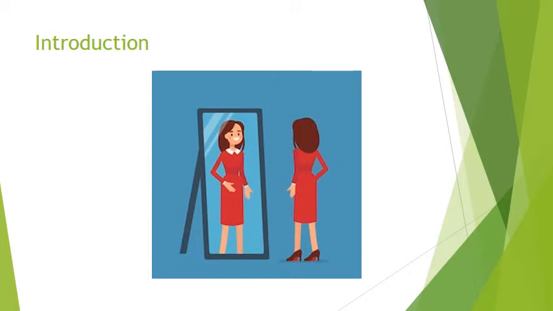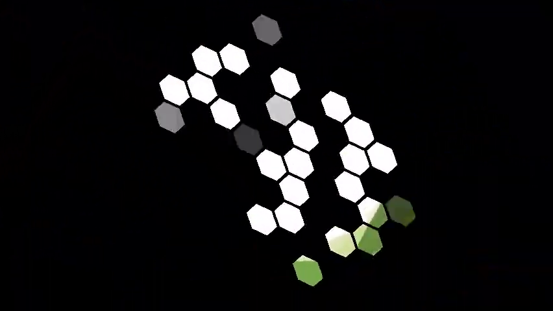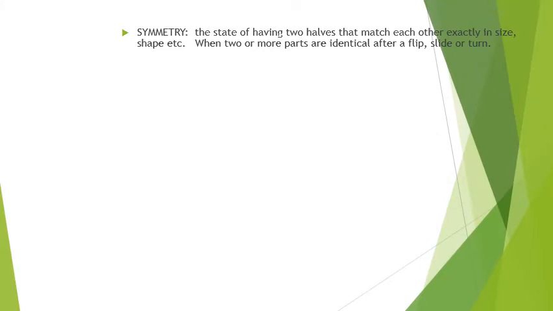So let's see. Symmetry: the state of having two halves that match each other exactly in size, shape, etc. When two or more parts are identical after a flip, slide, or turn.